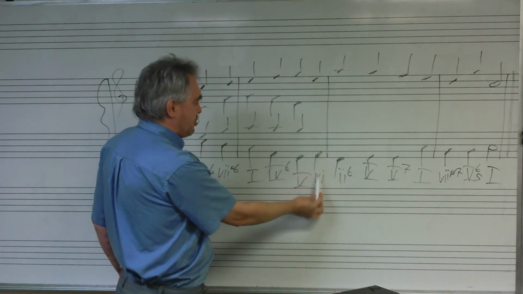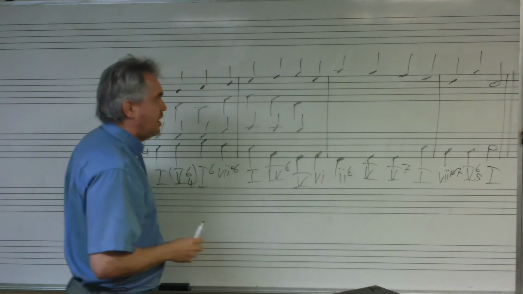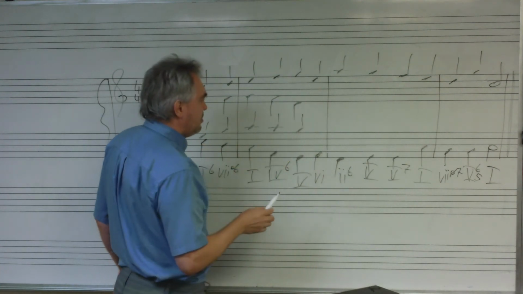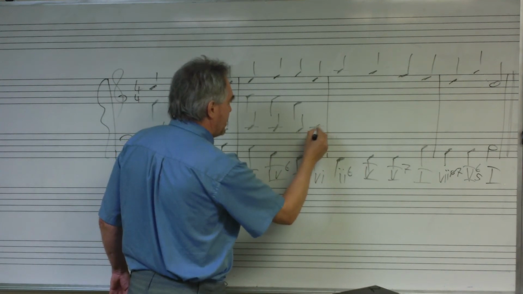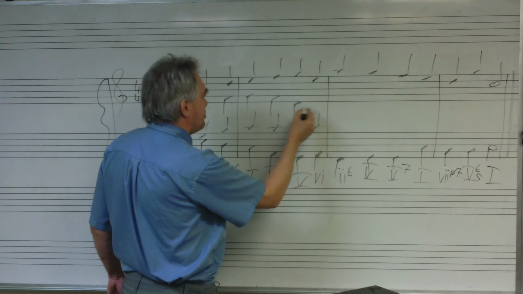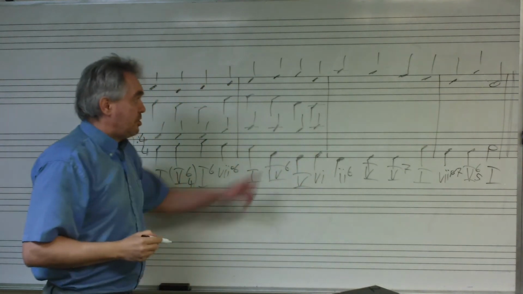So this is a Roman 6, so it's supposed to be A, C, E. We already have A, we have an E. Here the closest note to B would be C, and the closest note to D would be C. Now, that is the third of the chord.